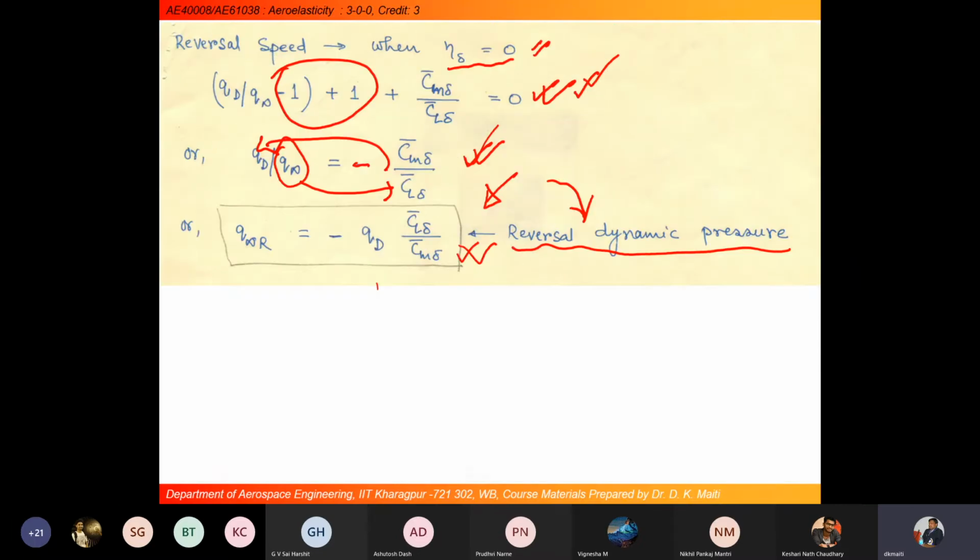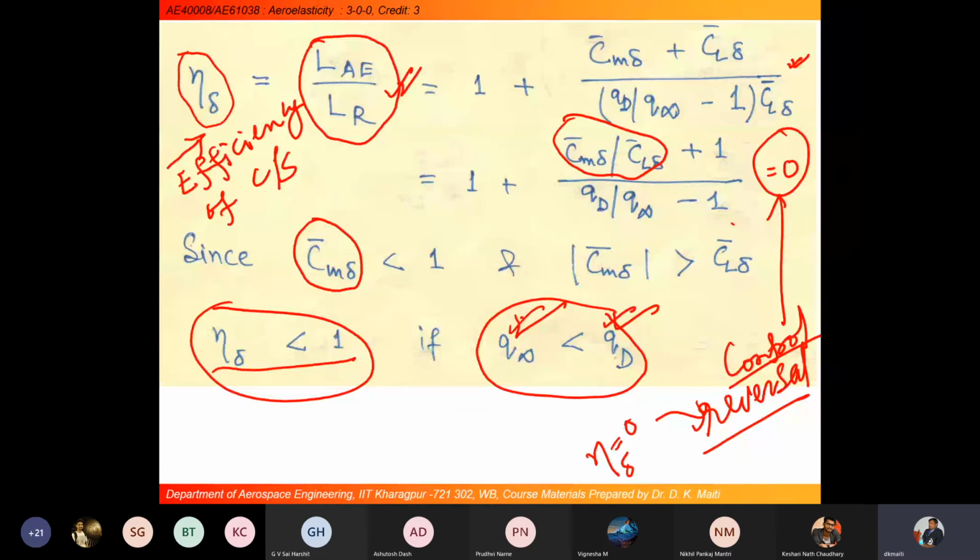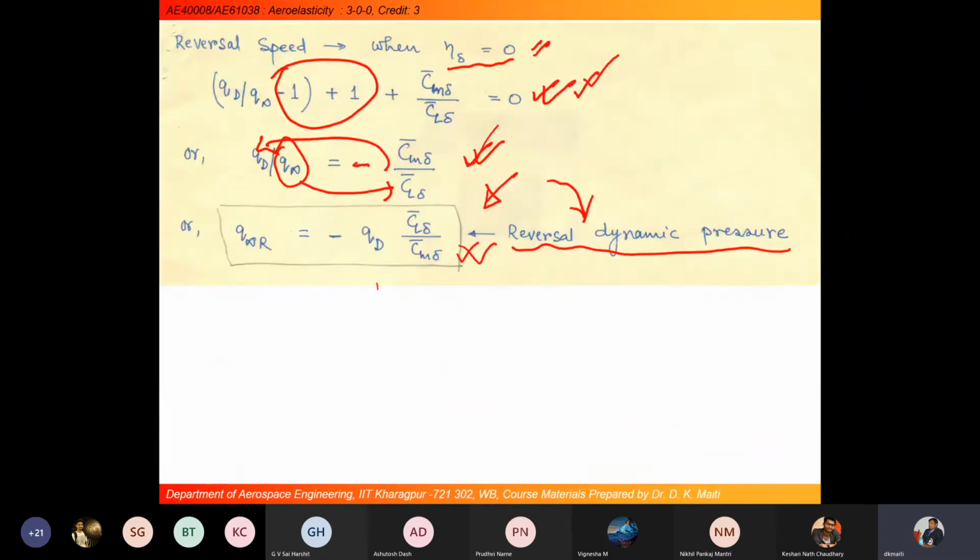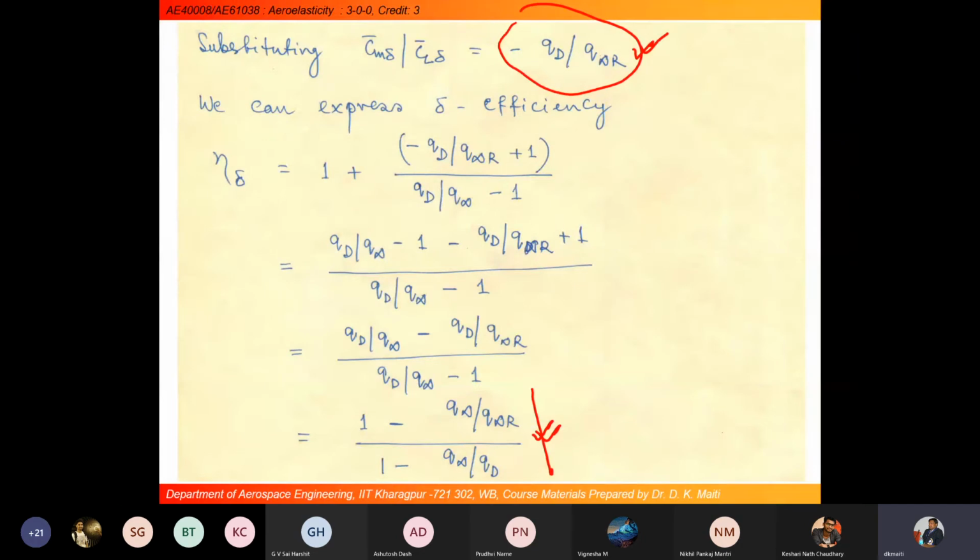So finally I am rewriting that equation, the efficiency equation we have got. Here Cm delta bar by Cl delta bar, what we got, is minus Qd divided by Q infinity reversal.